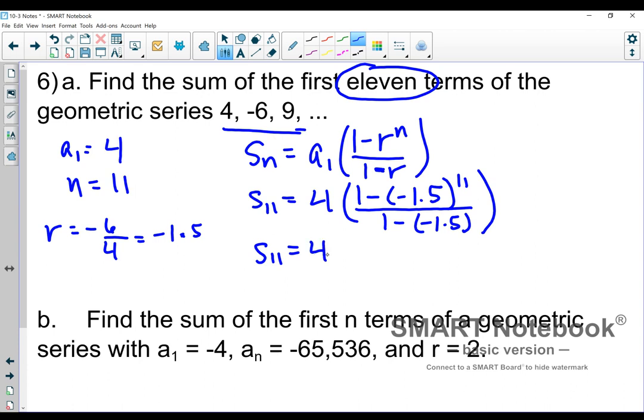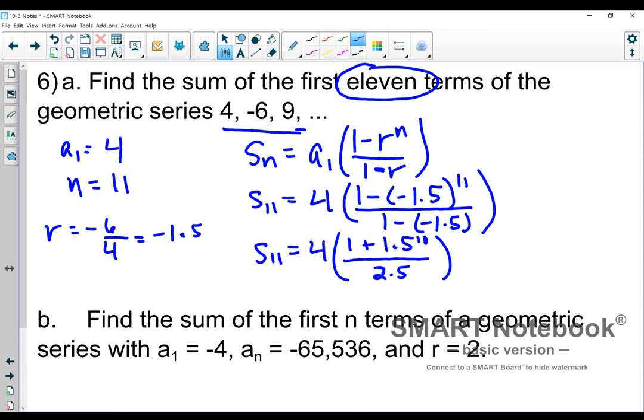So in the numerator, if I have 1.5 to the 11th power, it's going to end up being a negative. And so I'm going to end up having a plus here. So I'm going to write this as 1 plus 1.5 to the 11th. I'm trying to just kind of simplify how I put this into my calculator. And in my denominator, the 1 minus -1.5, I can just add, it'll be 2.5.